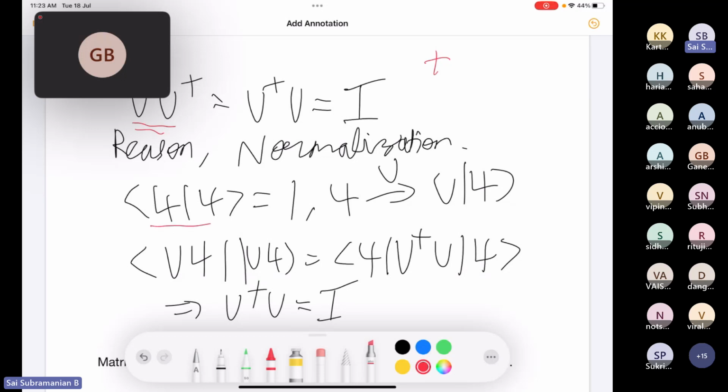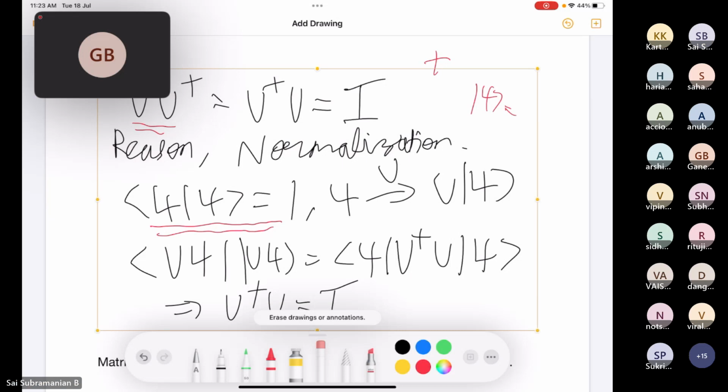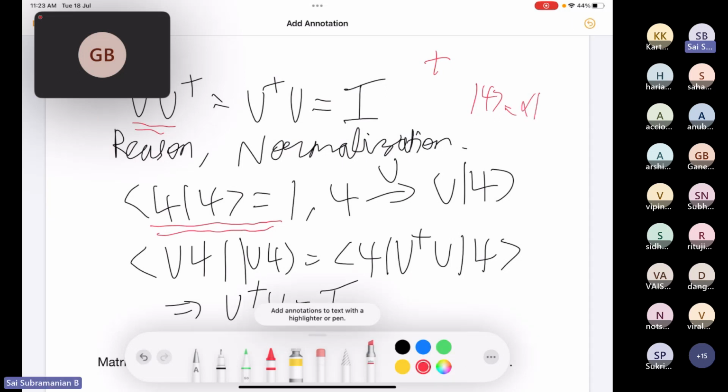If you remember, we defined psi as alpha times 0 plus beta times 1, and we said mod alpha squared plus mod beta squared is 1.